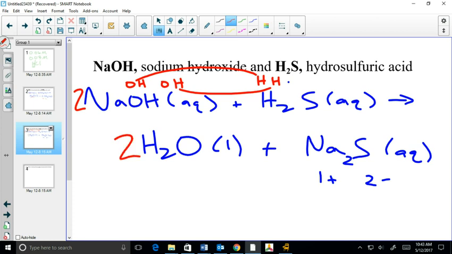Again, this OH and H there. That 2 on the NaOH also accounts for the 2 you needed to balance out the sodium sulfide. So therefore, 2 NaOHs plus 1 H2S will produce you 2 waters and 1 sodium sulfide salt.